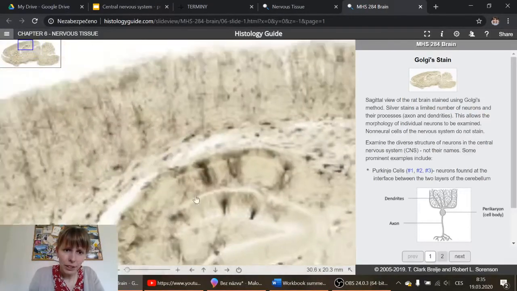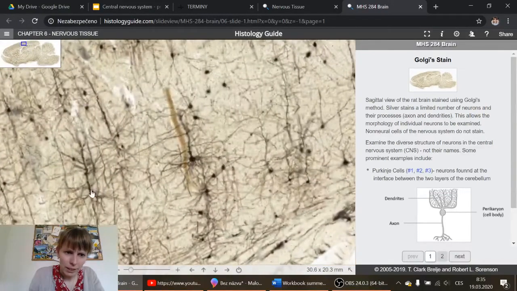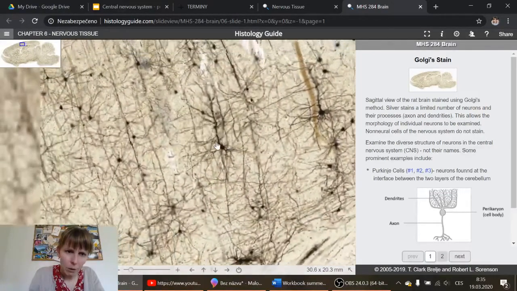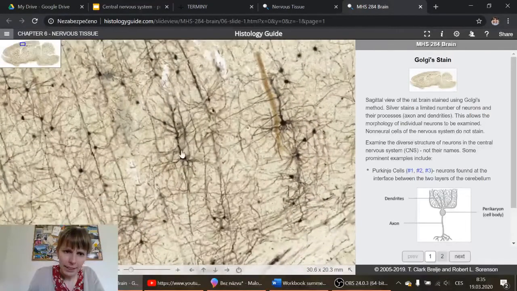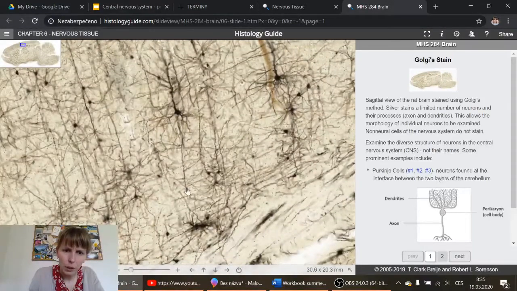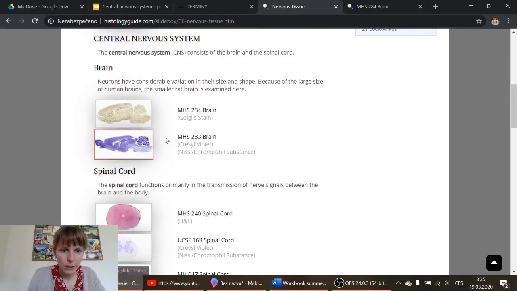Here you would see nice Golgi type 1 pyramidal cells in the cortex. This would be the body of the cell, this would be dendrites coming here, and an axon going away into the white matter. So this is the Golgi staining, but that's just to know what it is.